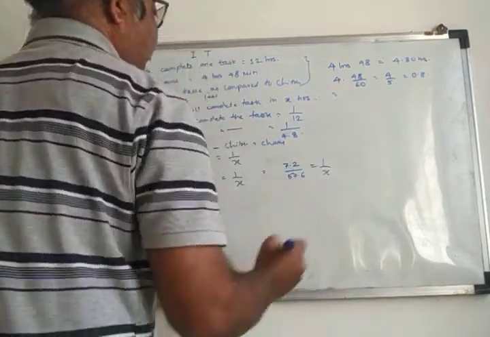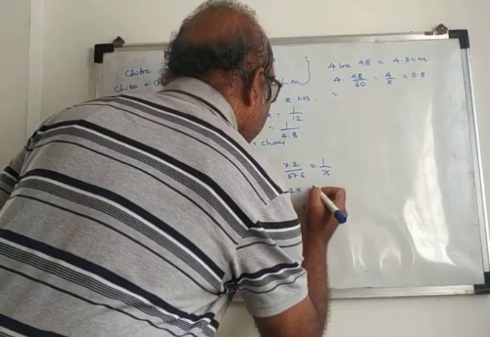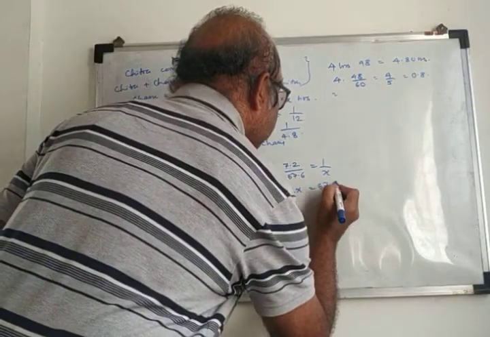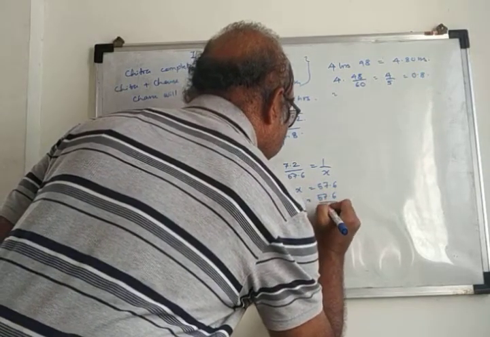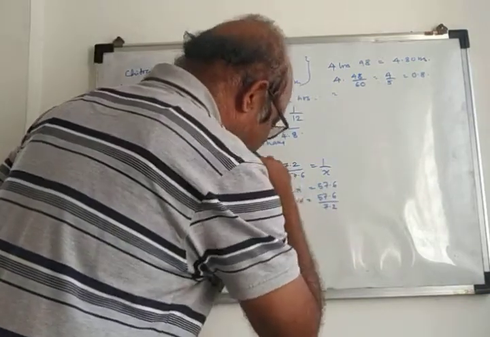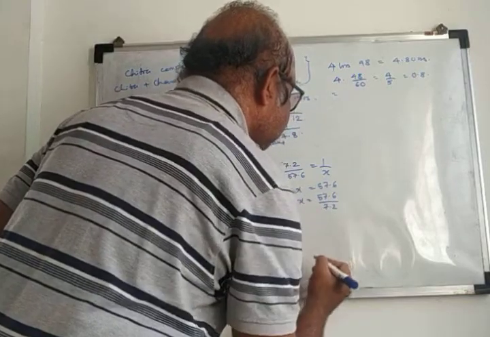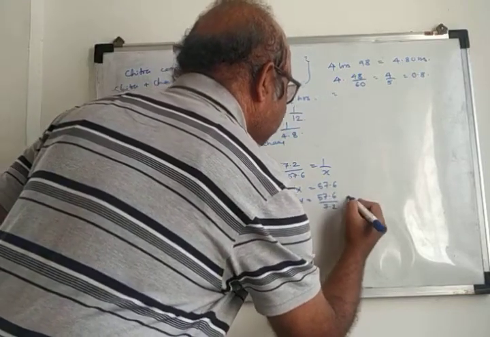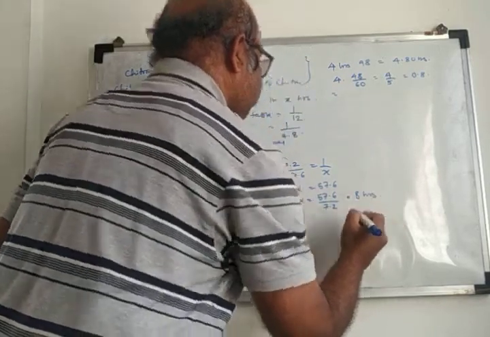Cross multiply, then it becomes 7.2x equals 57.6, and therefore x is equal to 57.6 upon 7.2. The decimal point gets neglected, and 7 8s are 56, and 8 twos are 16. If you divide, it becomes 8 hours.